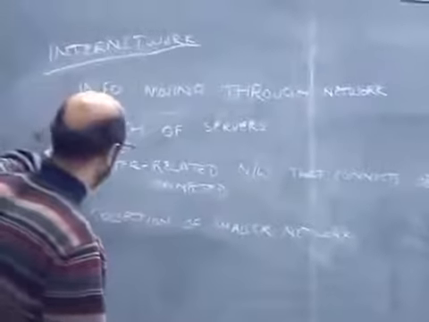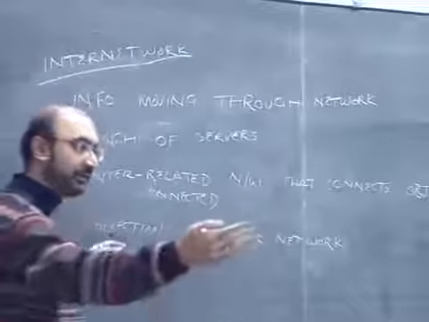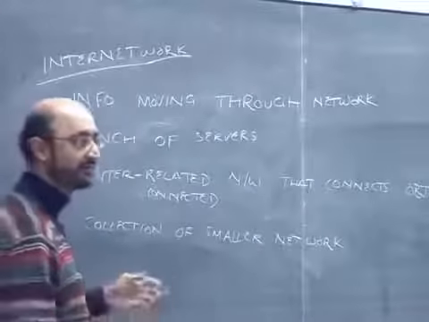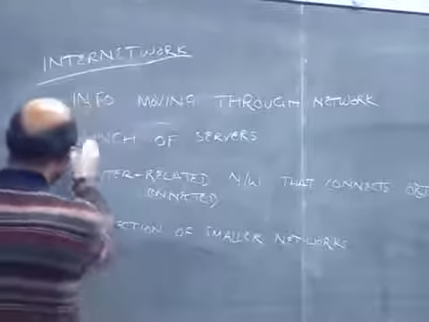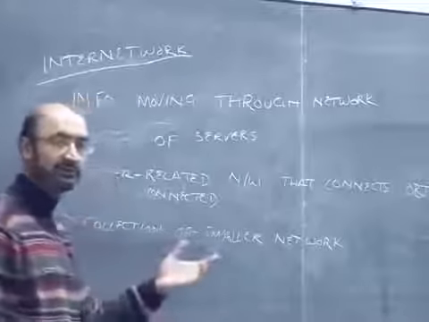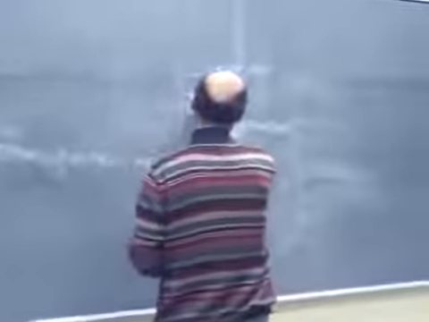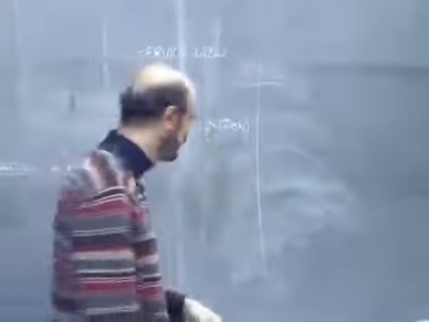And this one, an interrelated network that connects objects. You're probably talking about connecting objects because of exchanging information, right? The connection is through the exchange of information, which is also the service view. And a collection of smaller networks, well, these 2 are actually related to the topology view. The topology view is how do we build it as a service? And I'll come to that in just a moment. Let me just talk about the formal definition first because that's kind of important.